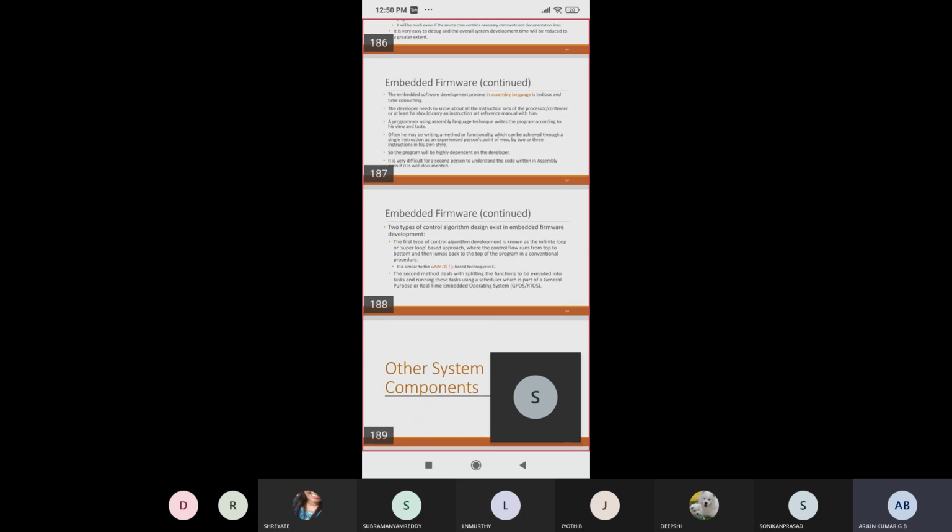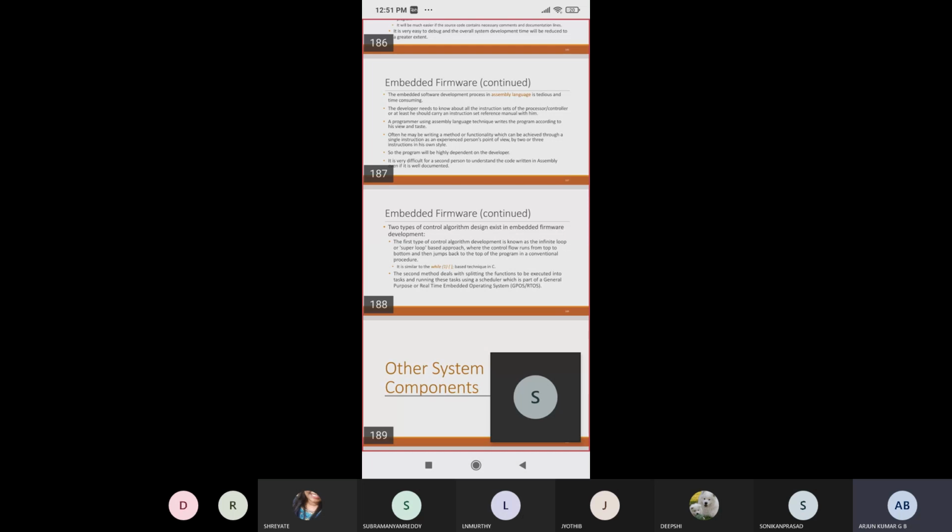In every embedded system, there are control algorithms. If you want to implement any project, the project does some work, right? To do that work we need some control algorithms.